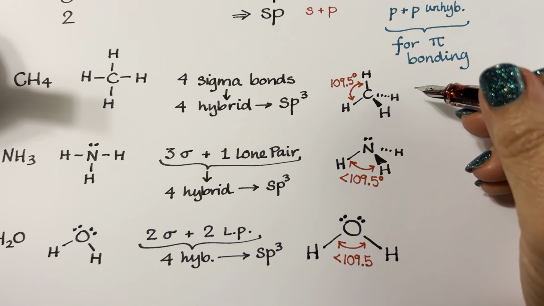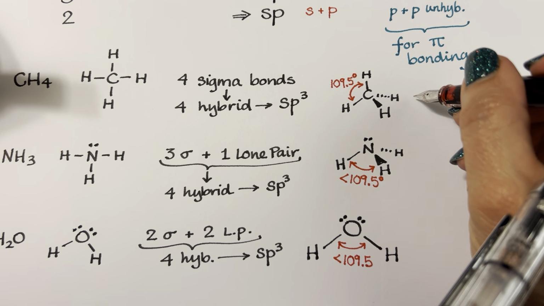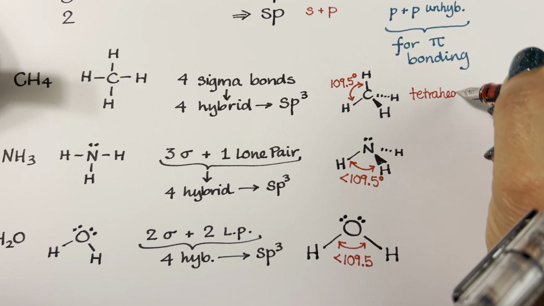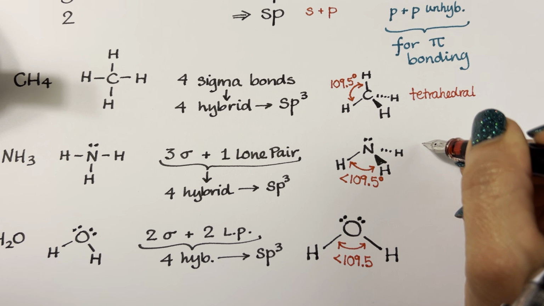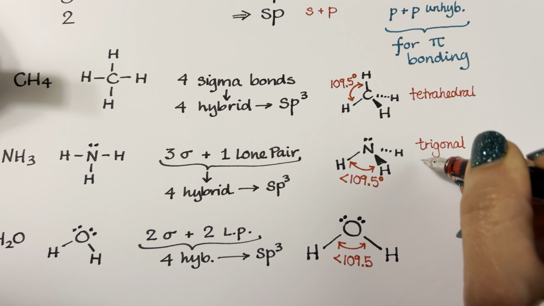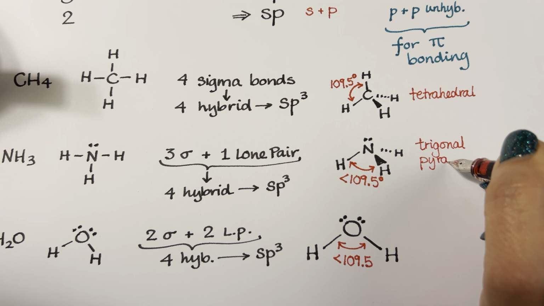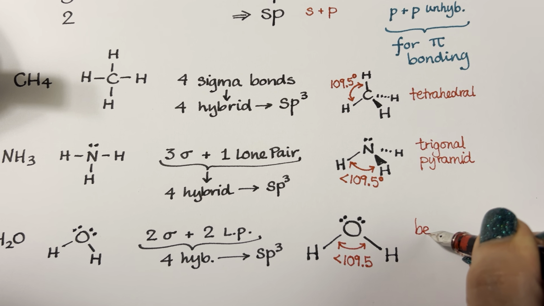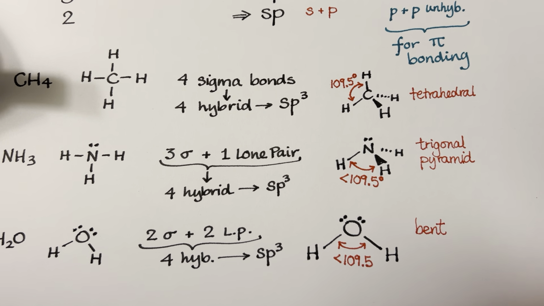All right, so in terms of shape names, we've got tetrahedral, we have trigonal pyramid, and we have bent. Okay.